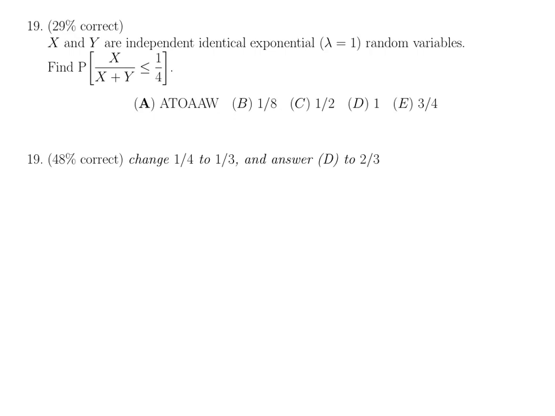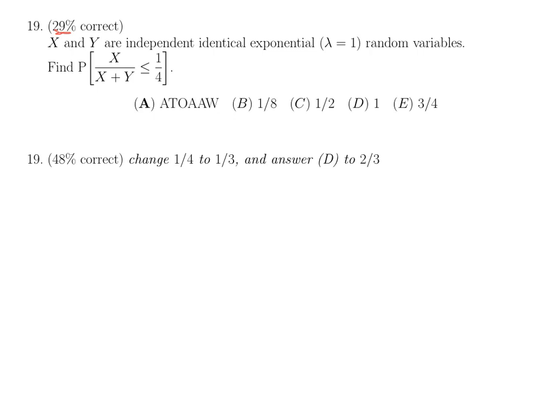The weird thing is, with the first version, all the other answers are wrong. People got the correct answer. 29% of the people who got this problem got the correct answer.